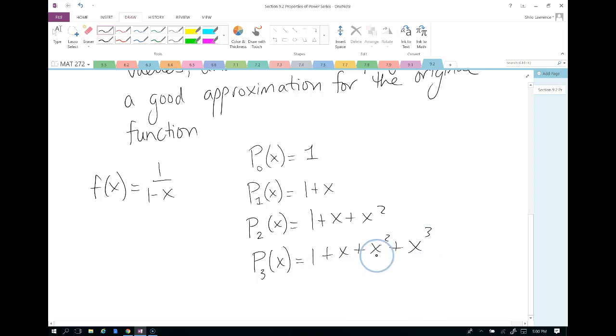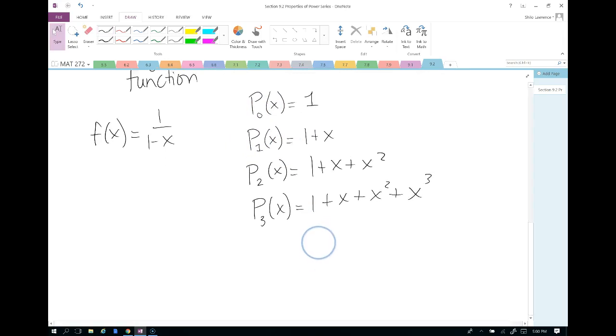So you see, every single time I'm just adding on the next power of x. And if we were to go through that whole process we learned in section 9.1 for generating a Taylor polynomial, you would see how we got each of these polynomials.